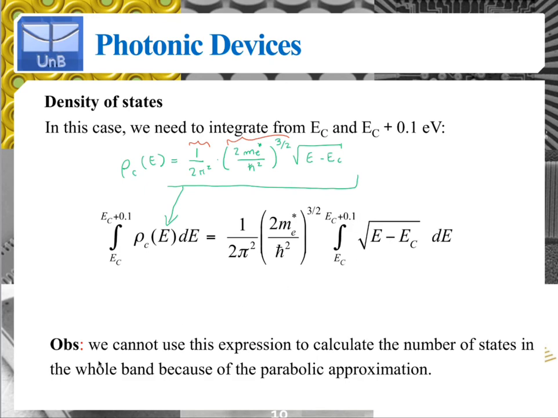Here we're just stating again that we cannot use this expression to calculate numbers of states in the whole band or even up to a much higher energy level than EC plus 0.1 because we're using the parabolic approximation, and it's only a good approximation for energy values close to the conduction band edge or the valence band edge, depending on which case you're doing.